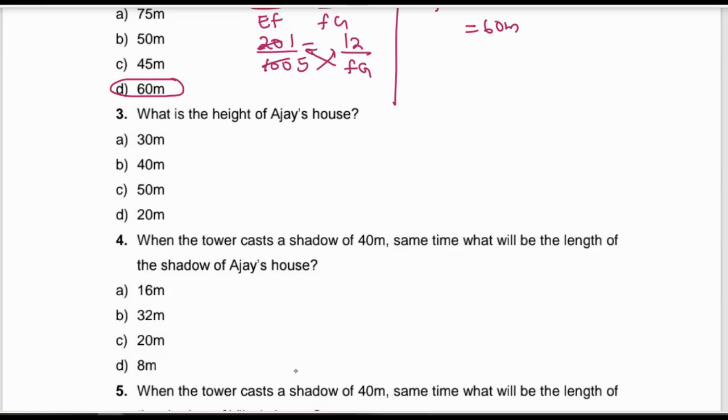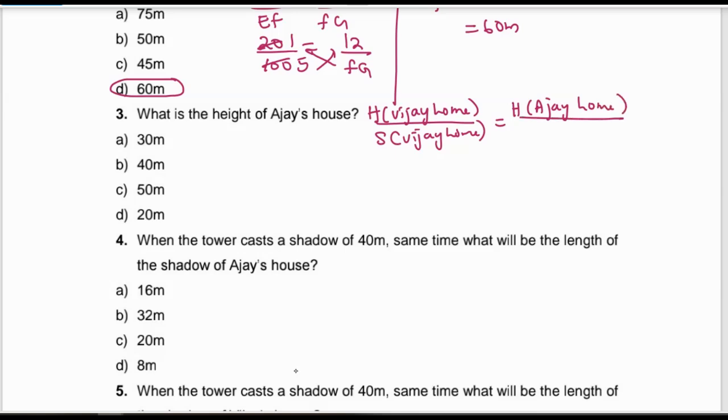So we have to find the height of the Ajay house. So height of Vijay house divided by shadow of Vijay home equals height of Ajay home divided by shadow of Ajay home.